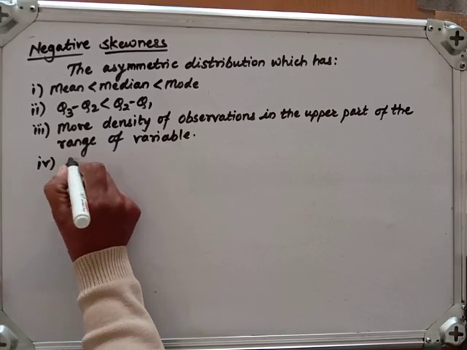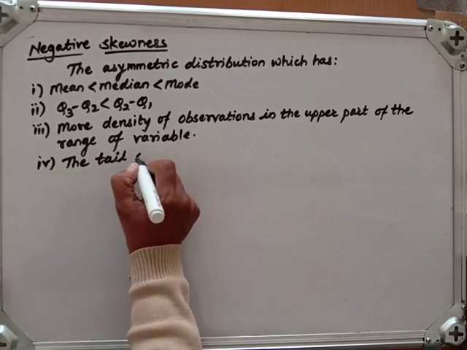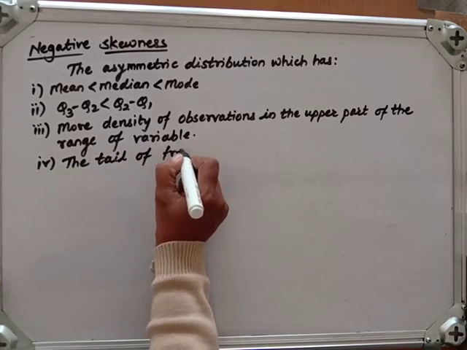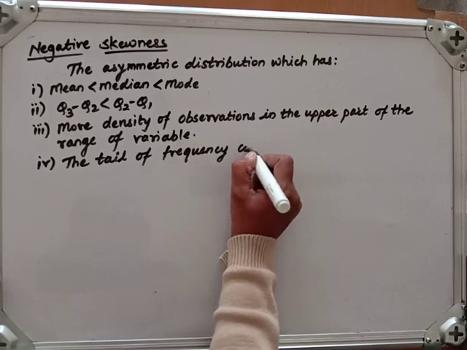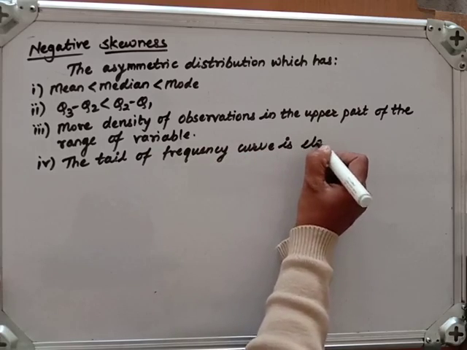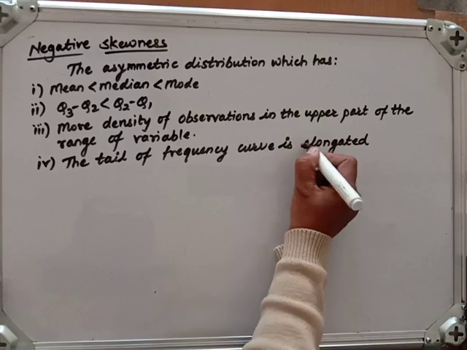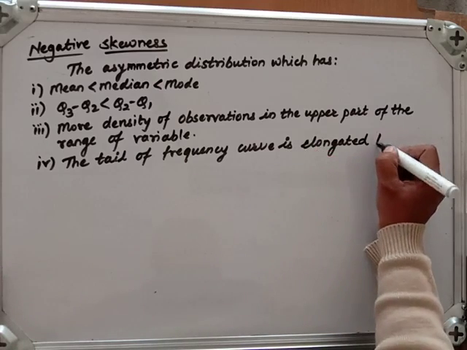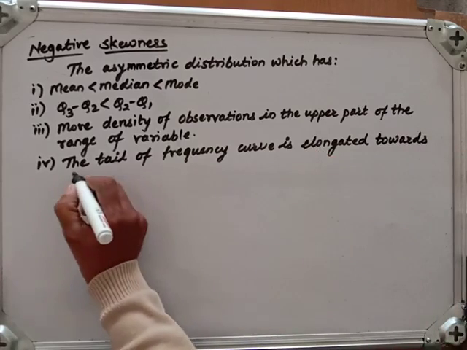Next one, the tail of the frequency curve is elongated towards the left side.